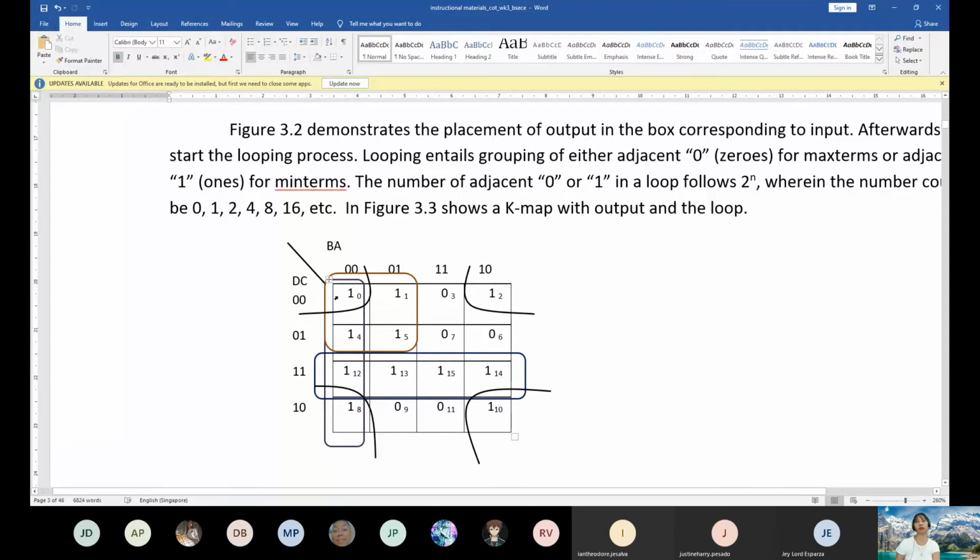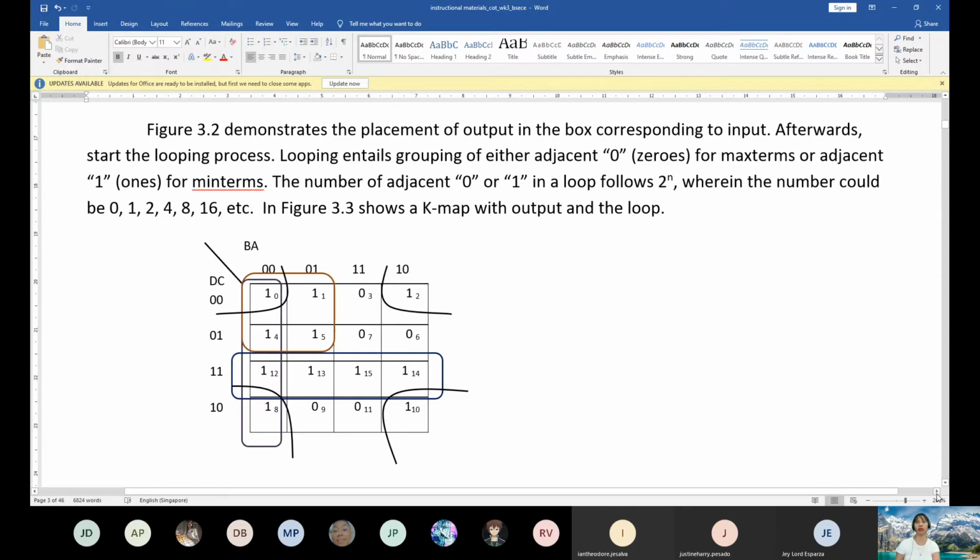In here, you may use either min terms or max terms. But in this example, we have min terms. Min terms correspond to outputs of 1.